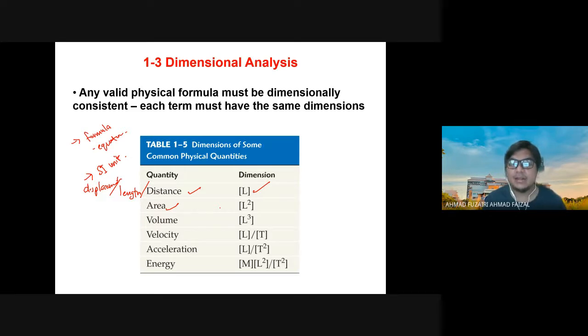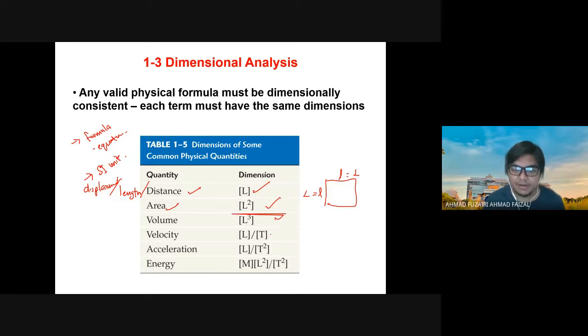Length times length. So length is L, and this one is also L. So L times L, we get L squared. Likewise the volume, L cubed.